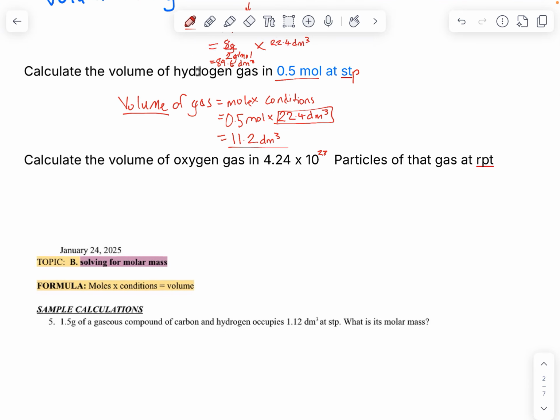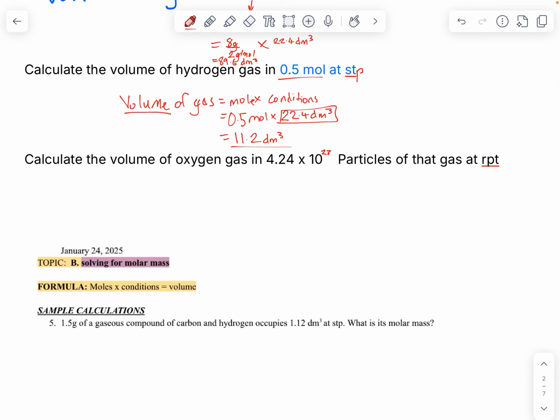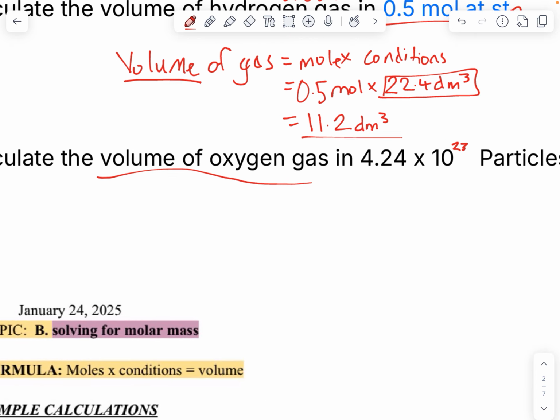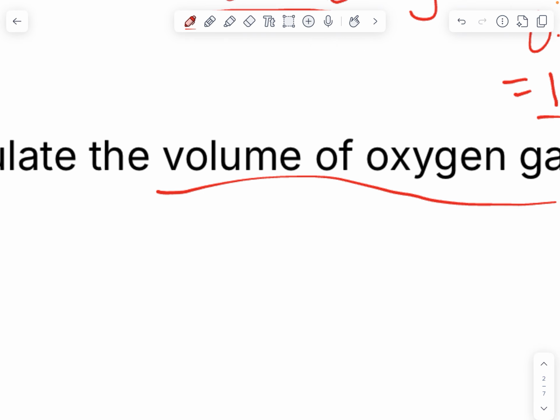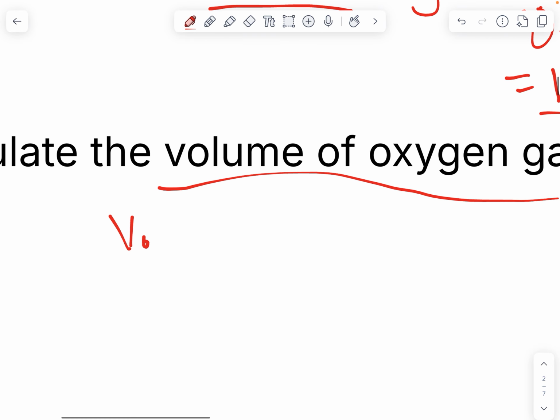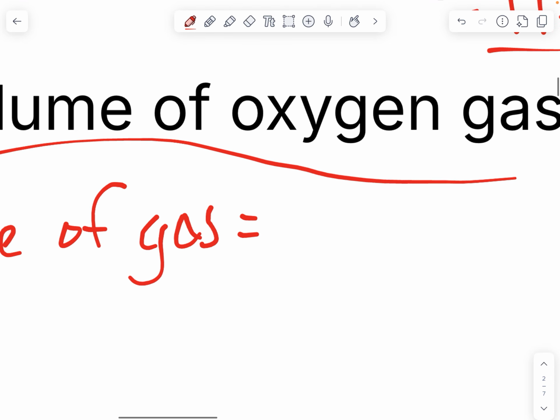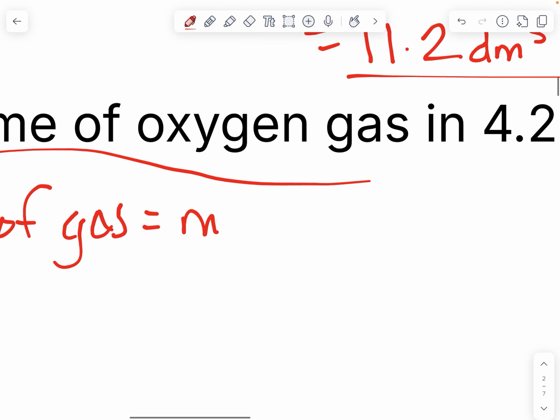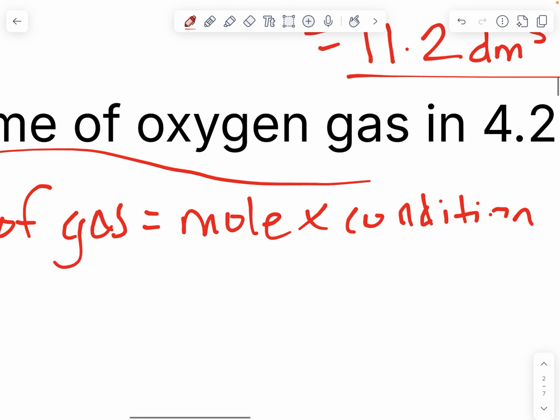Okay, so for this one, we need to calculate the volume of a gas. Once you see volume of a gas, always write your equation. Volume of gas, and this is oxygen gas, is equal to mole times condition. Nice.